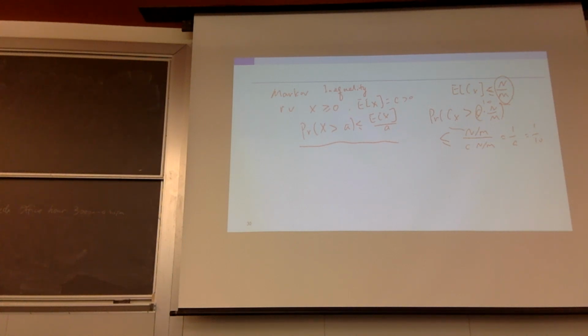That's the argument here. Of course, the Markov inequality is not the best thing you can claim here, because there are some stronger inequalities like Chebyshev or Chernoff bound or Hoeffding bound, something like that. But that actually depends on the distribution of your hash functions.